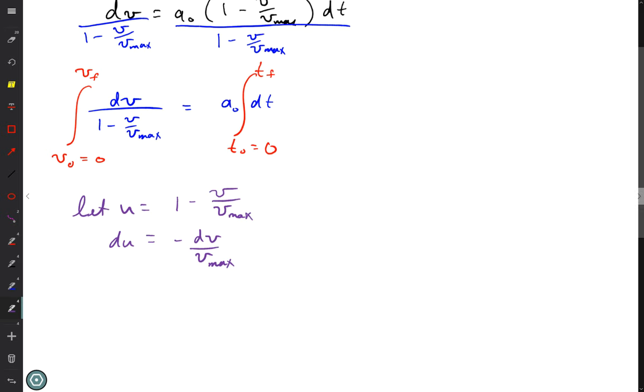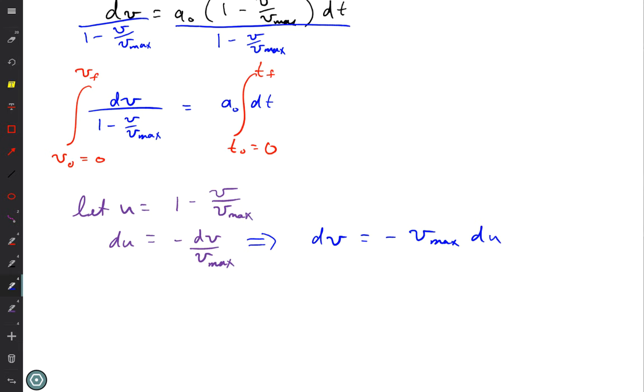Now I'm going to take this and solve this second equation for dv in terms of du. Why? Because I want to substitute for dv in my equation. And so putting that substitution into my equation, I have the integral from 0 to v final.